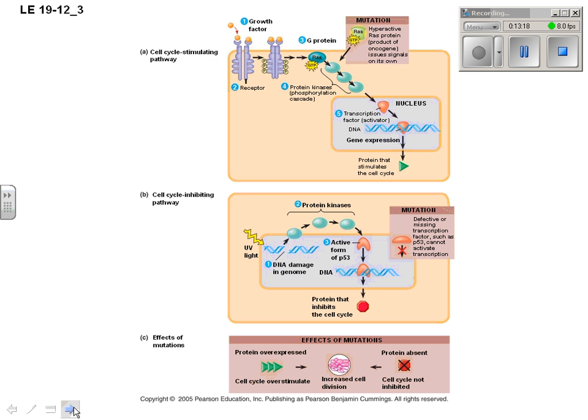Now let's look at this whole thing. Here's the one that I just showed you with the RAS protein. Here's an example of a cell cycle inhibiting path where, for some reason, let's say you've been out in the sun too long and you damaged your DNA.